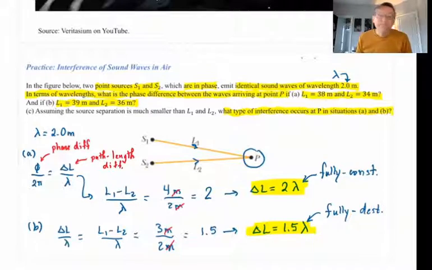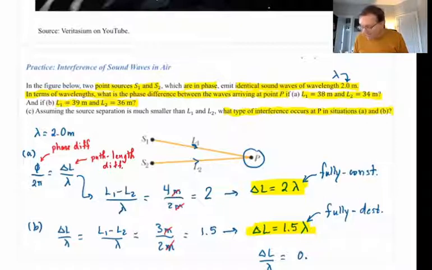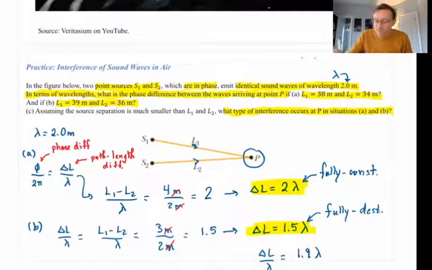Now, they could have given you a situation where L1 minus L2 over lambda was something like, I don't know, let's say 1.9.